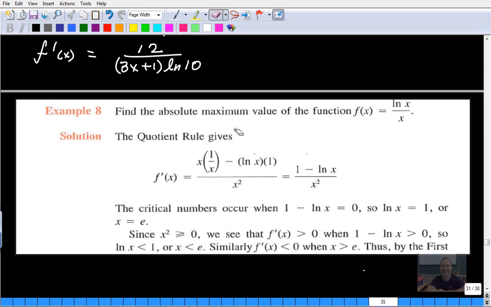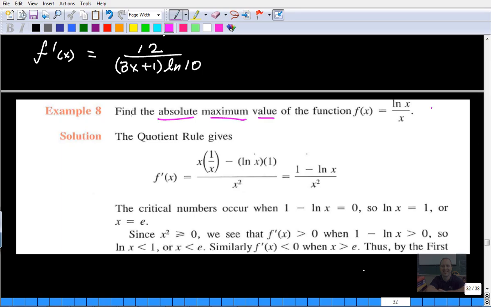And so I want to just focus on a few of those little things here. All right, so if you're asked in this question to find the absolute max value of this function, the big picture is you're going to want to take the derivative, find the critical numbers, and find one of those critical numbers that would represent a maximum. And if we're talking about absolute maximum, you've got to consider the domain and see if there's any endpoints.